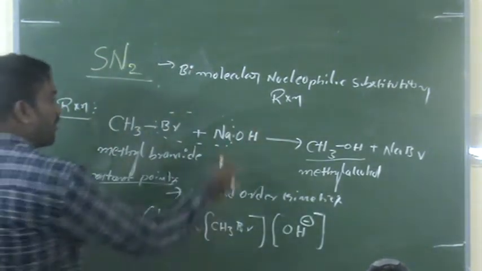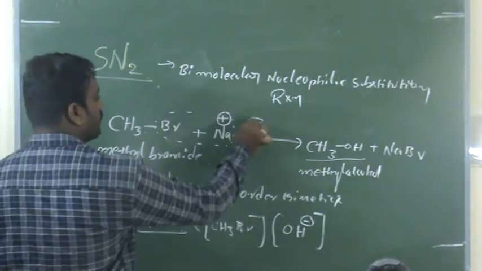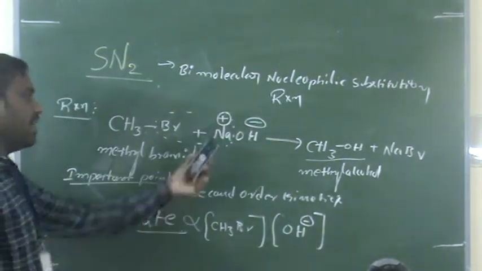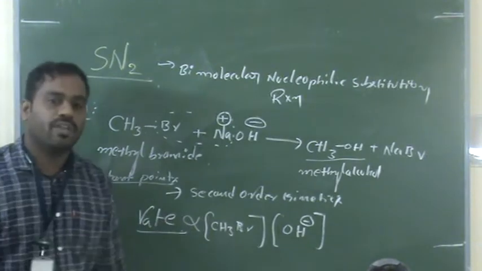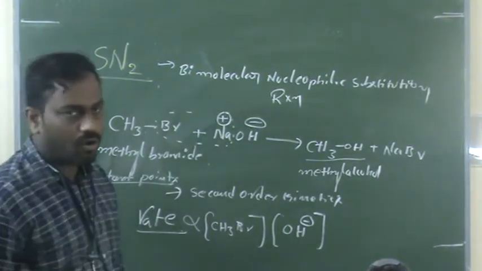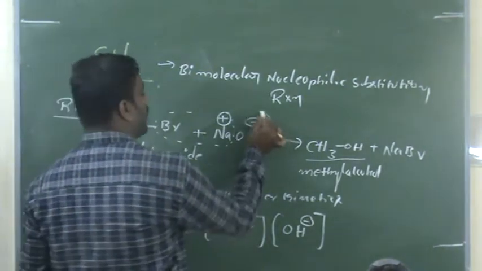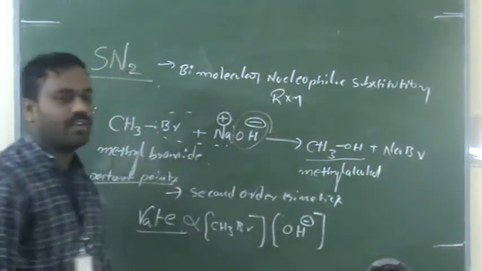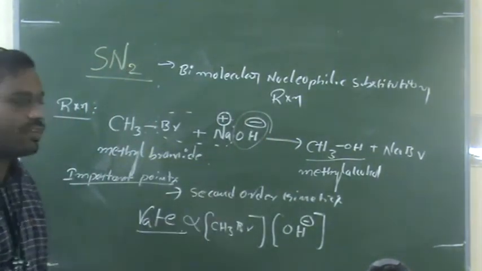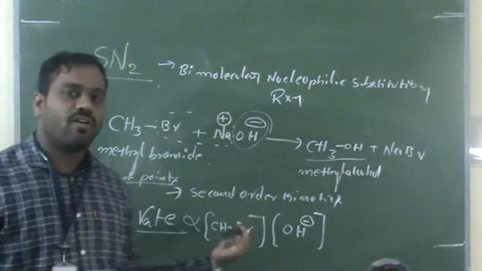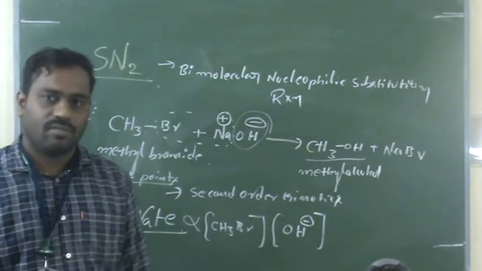Here, what is the nucleophile? NaOH divides into Na plus and OH minus. Which one has excess electrons? OH minus has excess electrons, and that is called the best nucleophile.